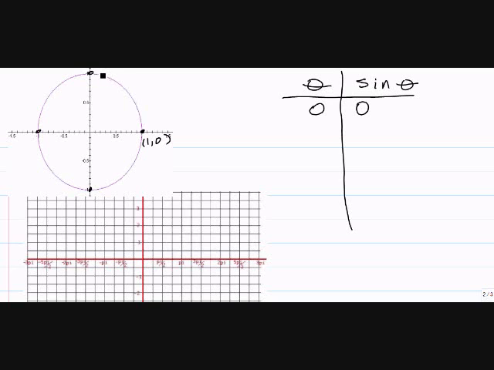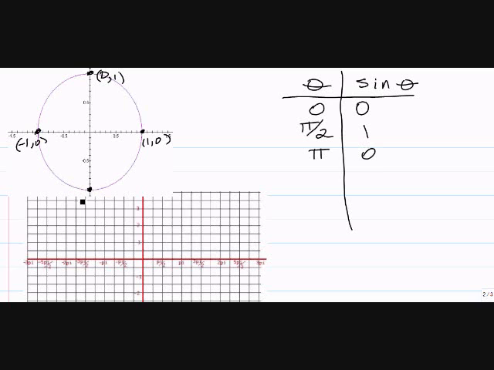Okay. If I go up to the point 0, 1, how many radians have I gone? Pi over 2. What's the sine? If I go to the point -1, 0, how many radians have I gone? And what's the sine?